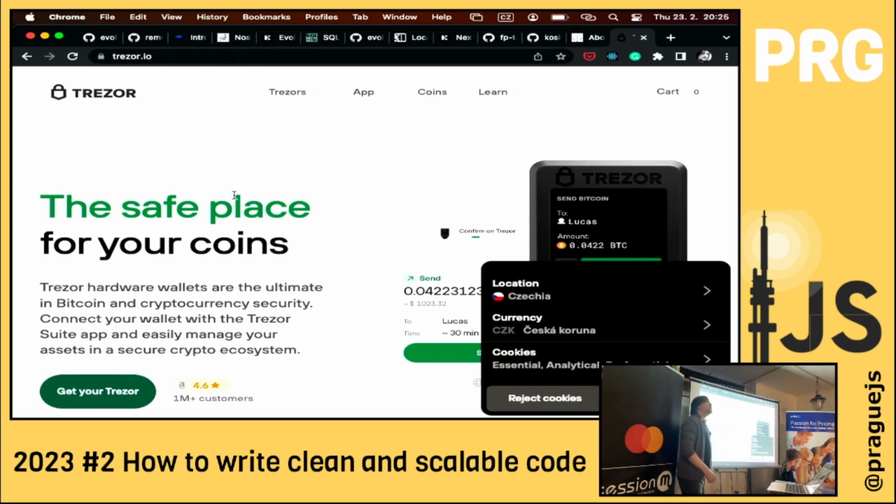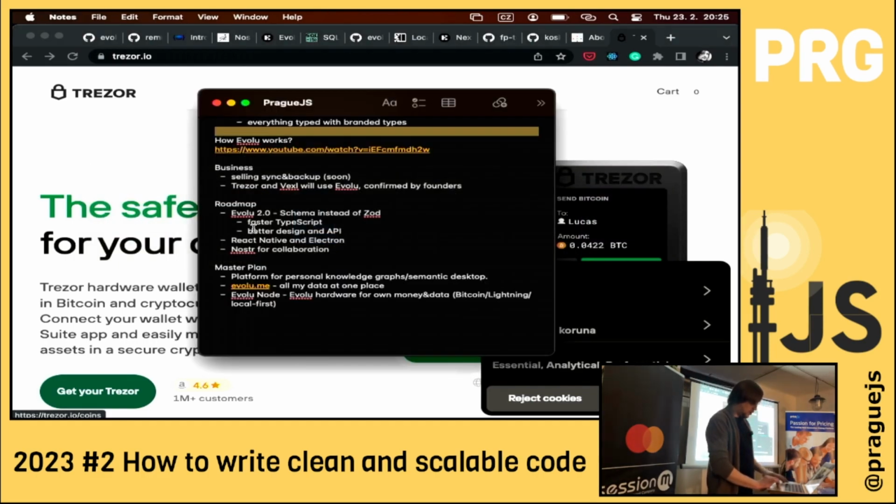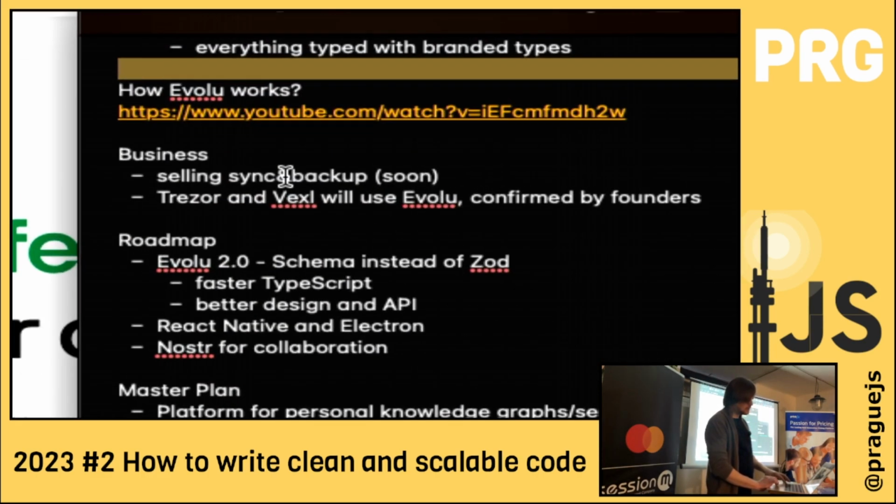Because Trezor is obsessive about privacy. They don't want to know what their users are buying or selling. They need to store data somewhere, ideally on the client devices. So it sounds like a task for Evolu, and it is. So in a few months, Trezor and their second product, Vexel, will use Evolu for data.